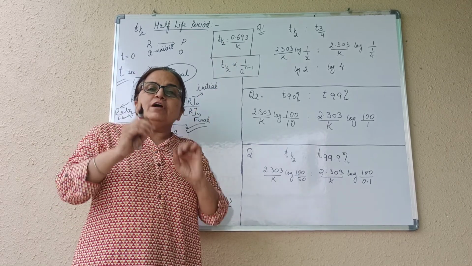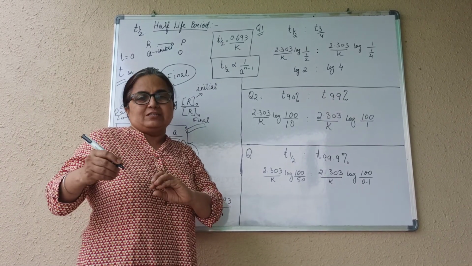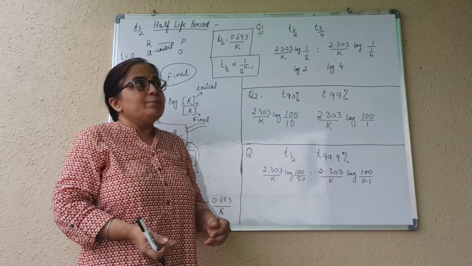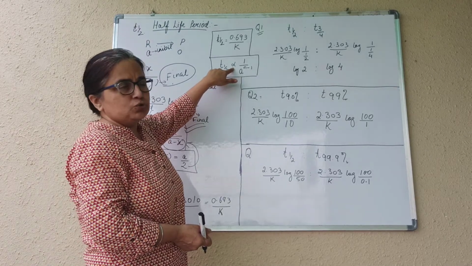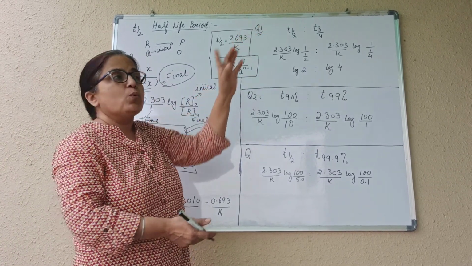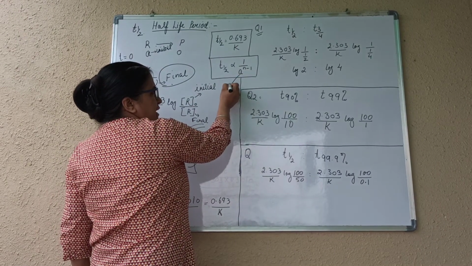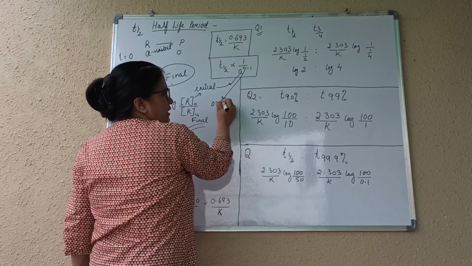Now another very important formula which is very useful for solving MCQ questions for NEET: t half is inversely proportional to initial concentration to the power n minus 1, where A is initial concentration and n is the order of the reaction.